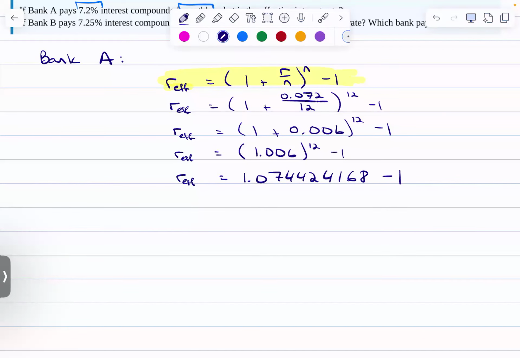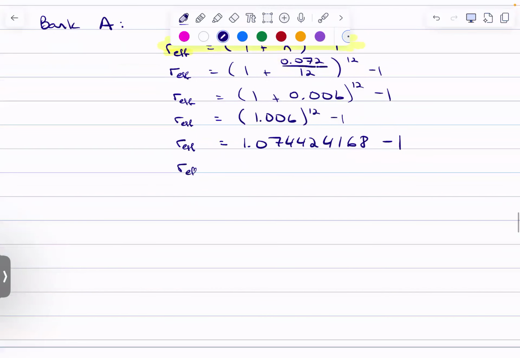Right? A rate of 1.07 is 107%. You could try telling a bank that that's what you want, but they're probably not going to do it. Right? 100% of your money and 7%. No. But take away 1 and all of a sudden they're very similar.